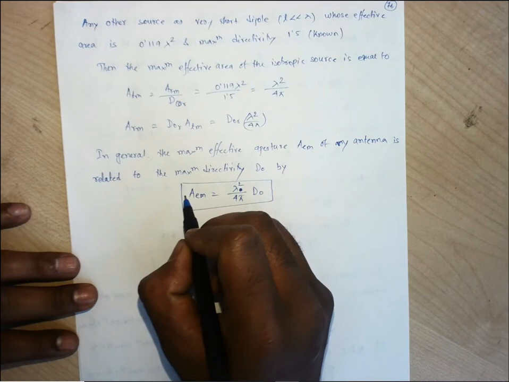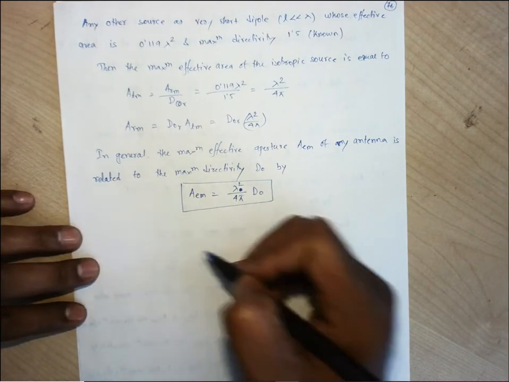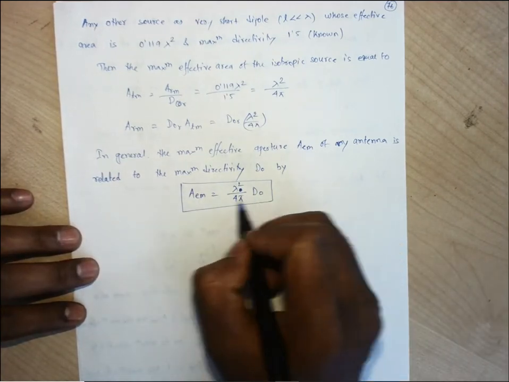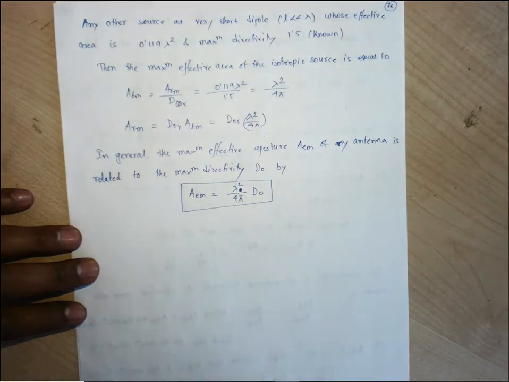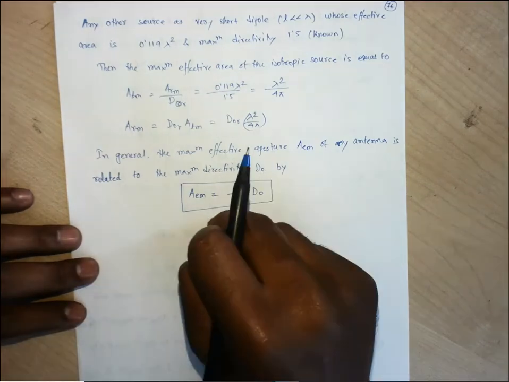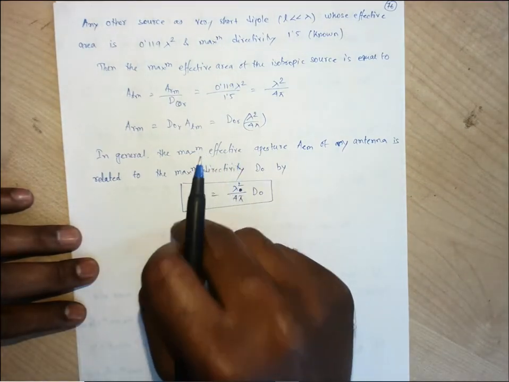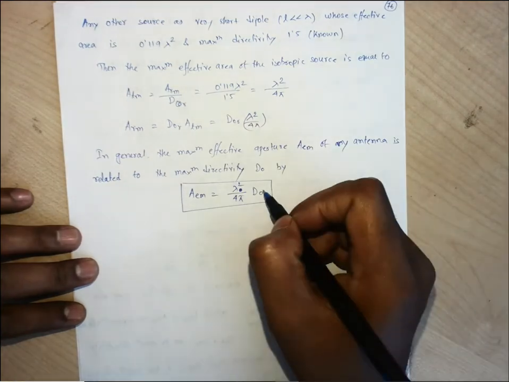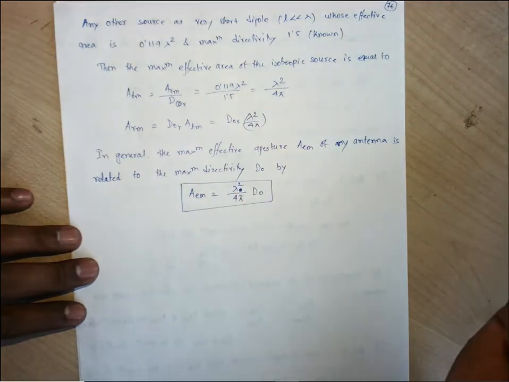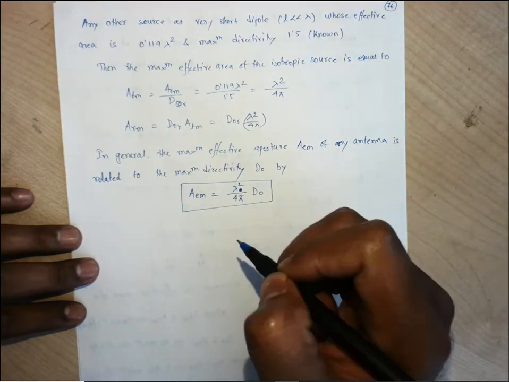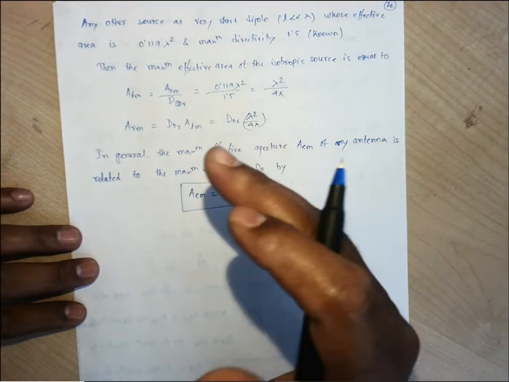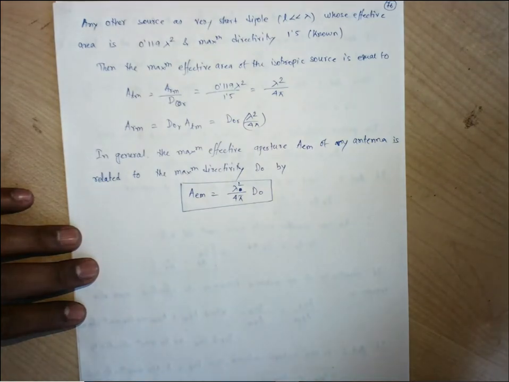So when we are going to find out any relation between directivity and effective area, we always need to have the concept in our mind that it can receive the signal from the transmitter. Then only we can have the relation between this effective area and directivity. Considering the transmitter from which the antenna is receiving, that transmitter is transmitting in every direction.